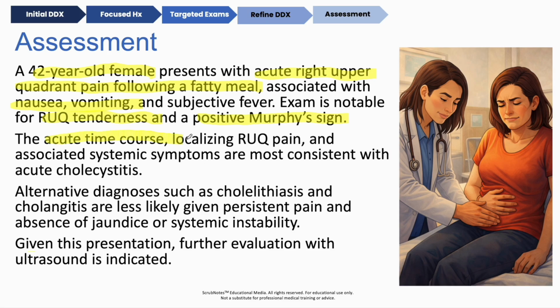The acute time course, localizing right upper quadrant pain, and associated symptoms are most consistent with acute cholecystitis. Alternative diagnoses such as cholelithiasis and cholangitis are less likely given the persistent pain and absence of jaundice or systemic instability. Given this presentation, further evaluation with ultrasound is indicated.